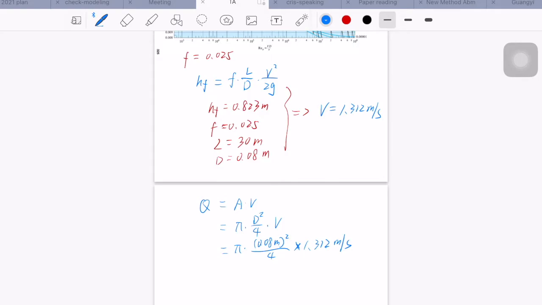So we can find that the Q should be equal to 6.59 times 10 to the power of -3 cubic meters per second. So we finished this problem.